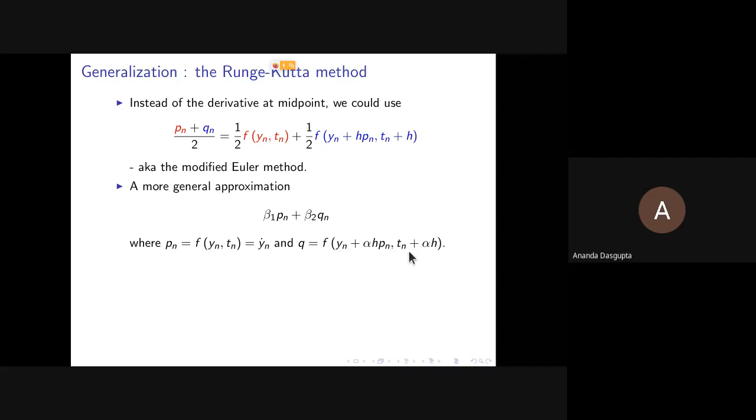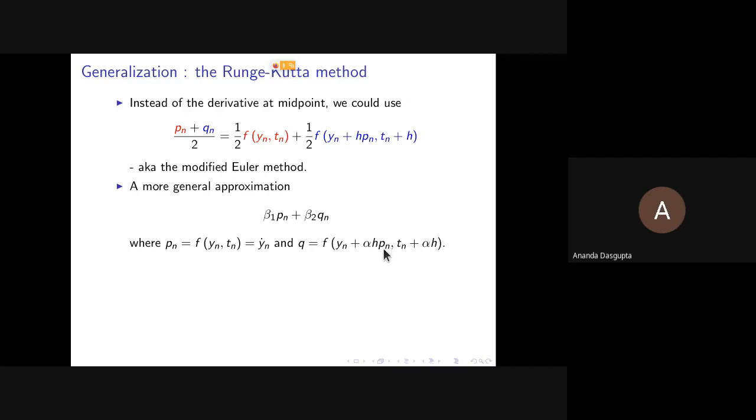And so what you're saying is, this is a time alpha h fraction after the beginning of the interval. And because the time elapsed from the beginning is alpha h, you're estimating the y there by saying y at the beginning of the interval, yn, plus alpha h times pn.